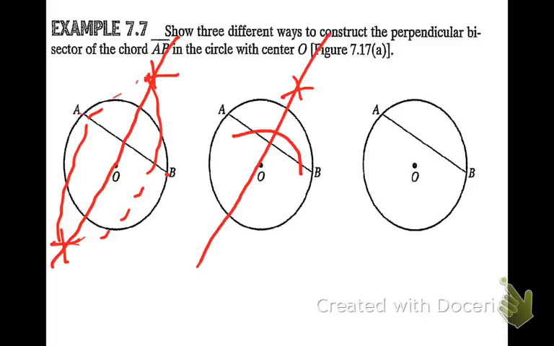Can anybody think of another one we could do? Okay, we could do the angle bisector. So we take lines AO and OB, and this is the angle bisector. You're probably not as familiar with that one.